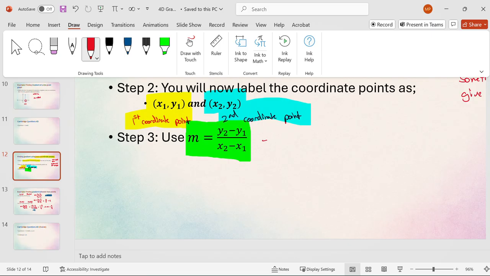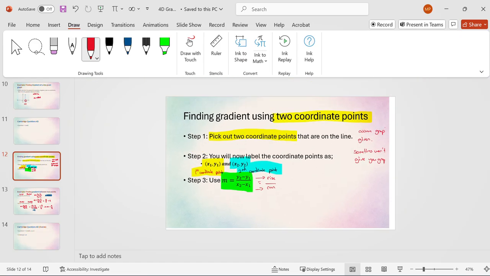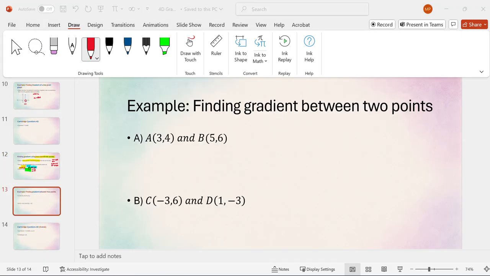In simple terms, this pretty much means the rise, and this pretty much means the run. They're just one and the same, but they're written differently. One of them is just a bit more mathematical than the other. But that's about it. So let's just go through some examples now.